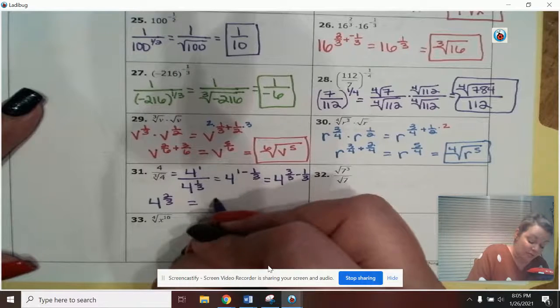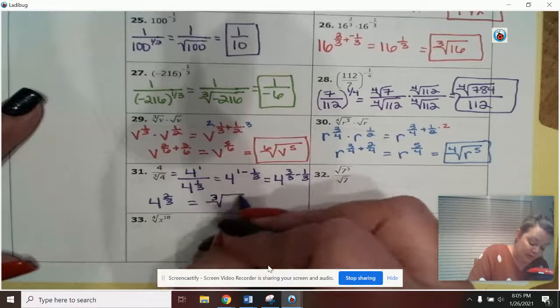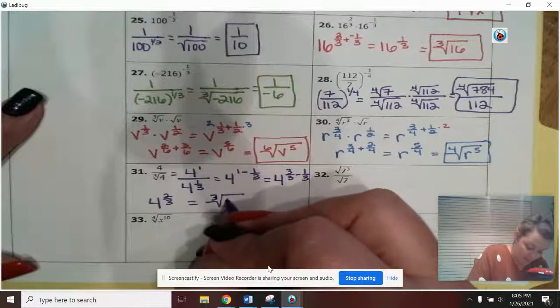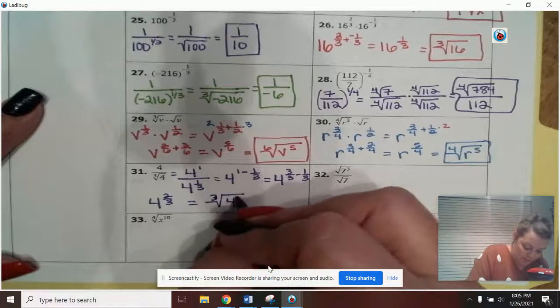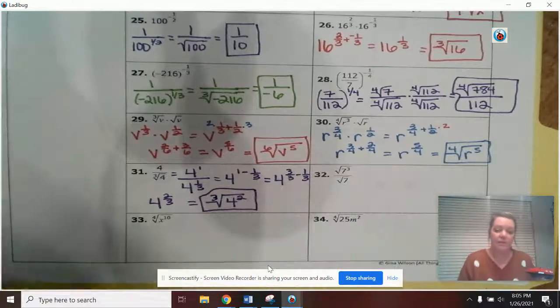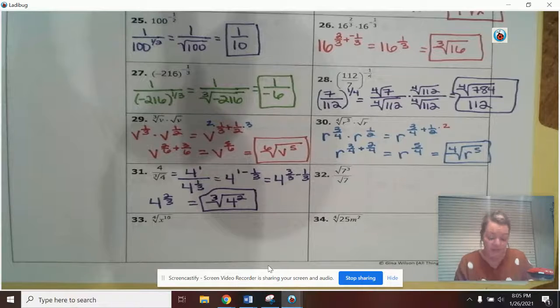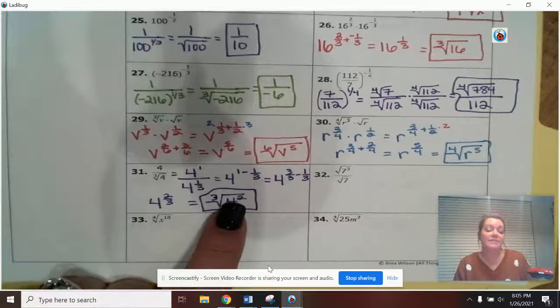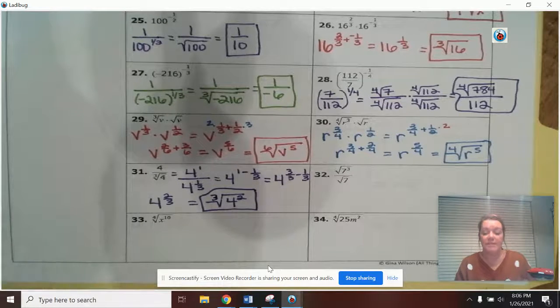Put that back into radical notation, and I have the cube root of 4 squared. And you can leave it like that. If you were to go ahead and put this as 16 and leave the cube root of 16, that would have been fine. I wouldn't have counted that wrong either.